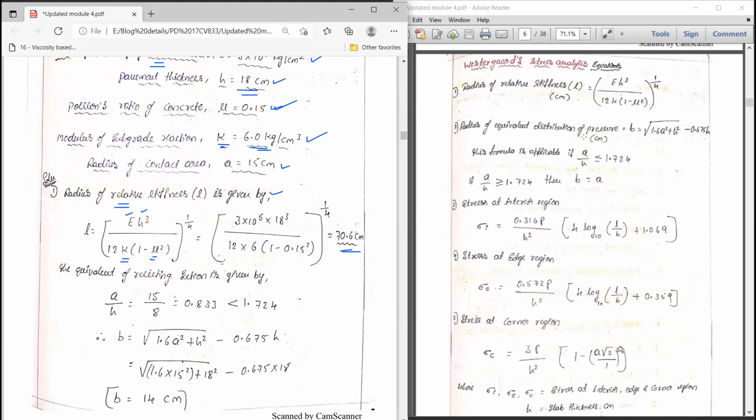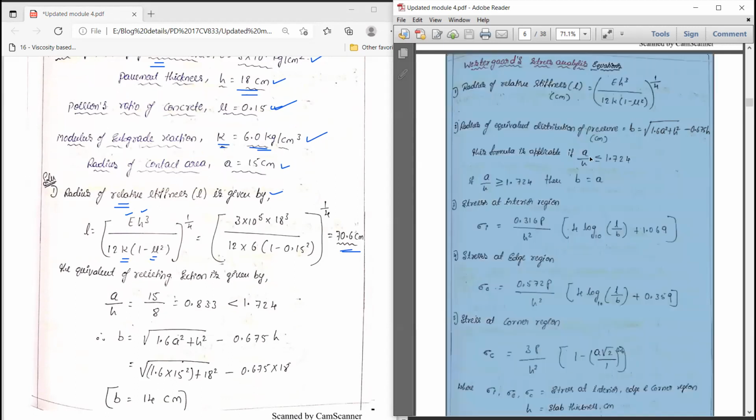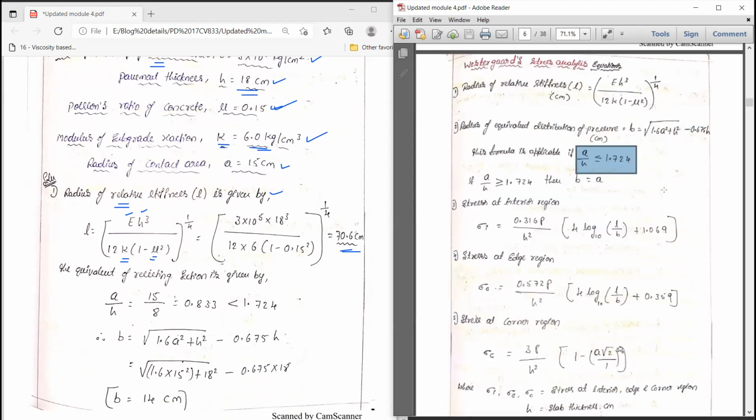After that, you need to calculate the radius of equivalent distribution of pressure, small b, which is equal to square root of 1.6 a square plus h square, minus 0.675 h. But you can use this formula when a by h is less than 1.724.